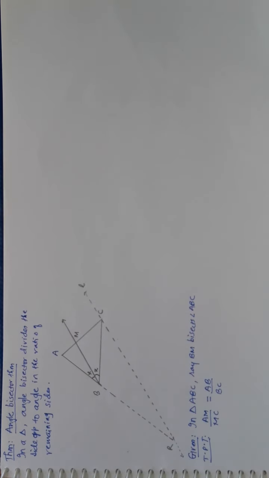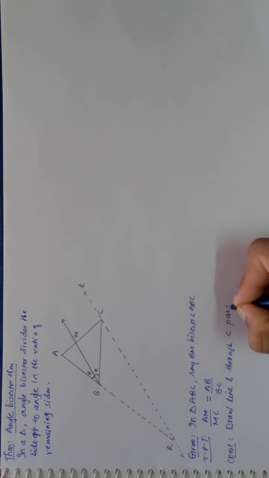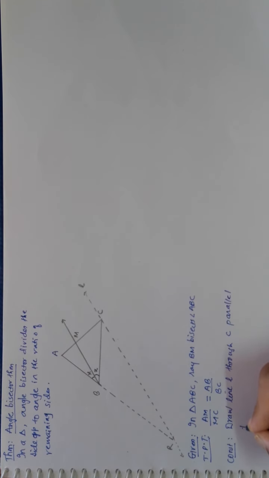Now whatever I did here falls in the part of construction, so I will write construction here. What I am doing is drawing line L through C, parallel to BM.